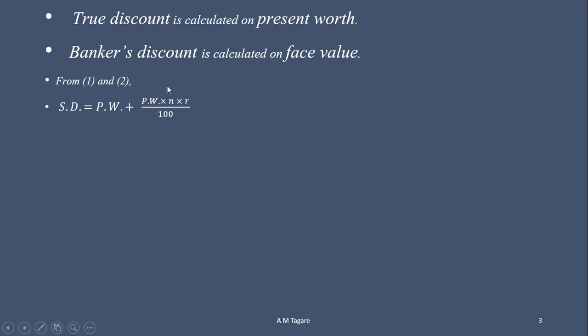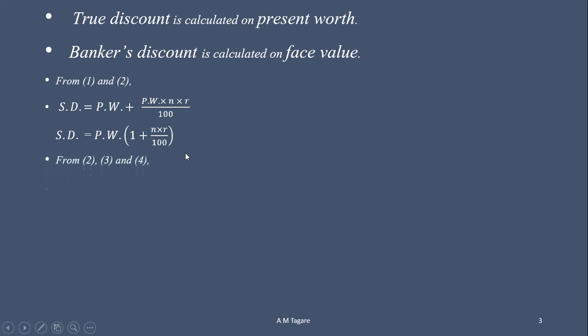Here we substitute value of true discount, PW into N into R upon 100. Now here in these two terms, present worth we take common. So we get SD is equal to PW into bracket 1 plus NR upon 100. So we get one more formula, sum due is equal to present worth into bracket 1 plus NR upon 100.